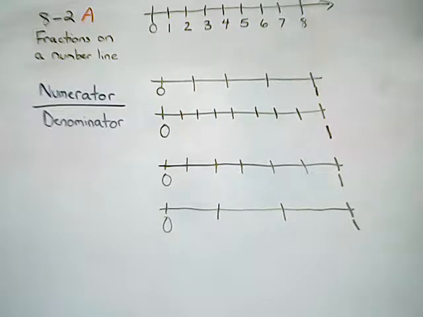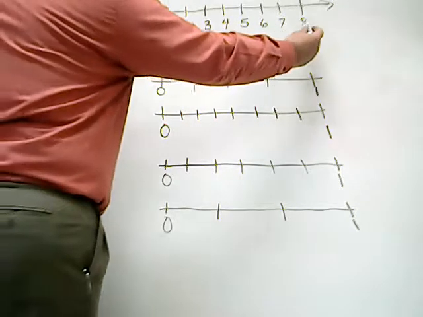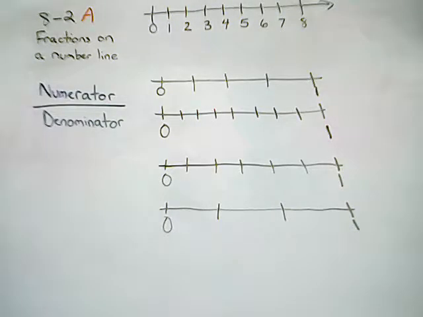So what I'd like to do here today is show you two examples of how to use a number line to find equivalent fractions. One thing we talked about in class, remember, when we are putting fractions on a number line, we're not talking about a number line that we're used to from previous grades.